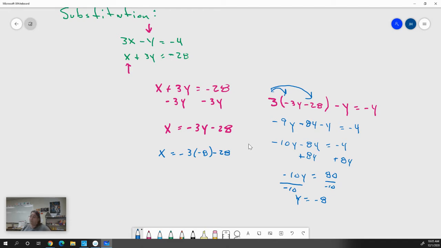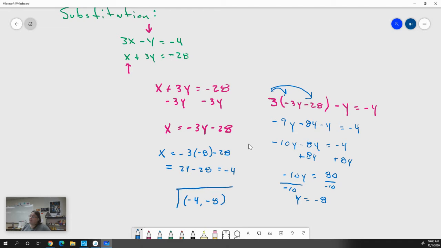Sometimes it's better to go to the original equation because maybe I screwed up somewhere along the way, but I know that I didn't. So minus 3 times minus 8 is positive 24, minus 28 gives me negative 4. So I know that x equals negative 4 and y equals negative 8.